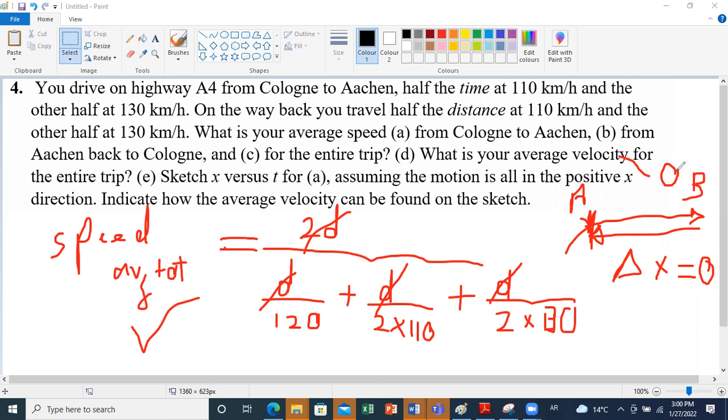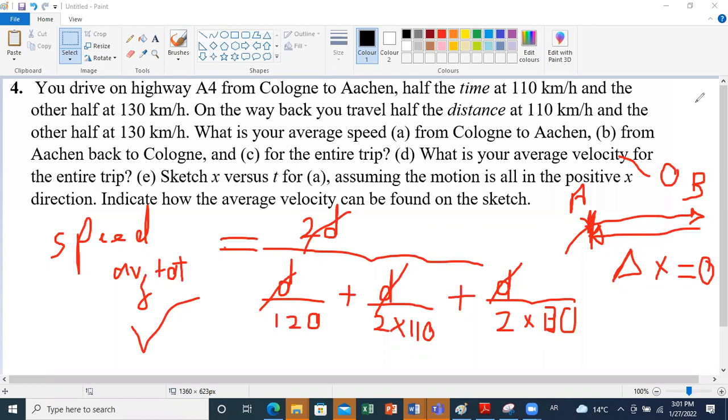Now, they are telling me to sketch x versus time, assuming the motion is all in the positive x direction, and indicate how the average velocity can be found on the sketch. Okay, so if I want to sketch x versus time here, I will have to select a scale, because I don't know the total distance, but I can scale it as d with respect to d. So I know that the total distance traveled is 2d.